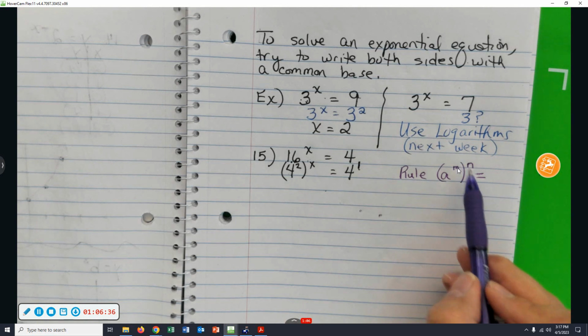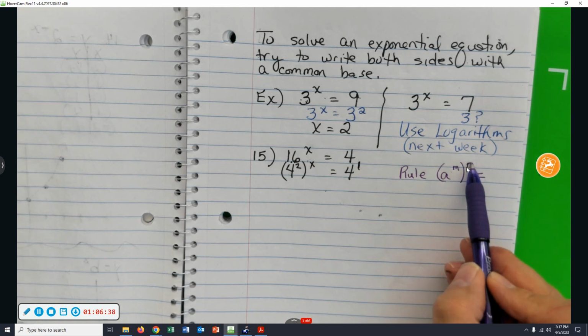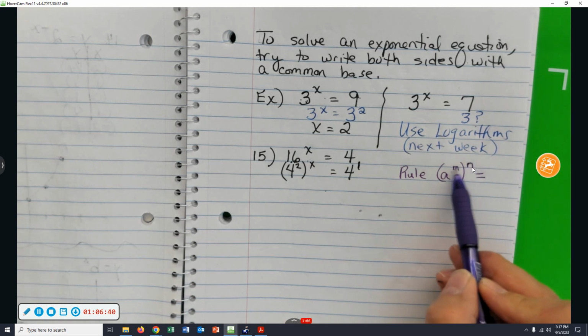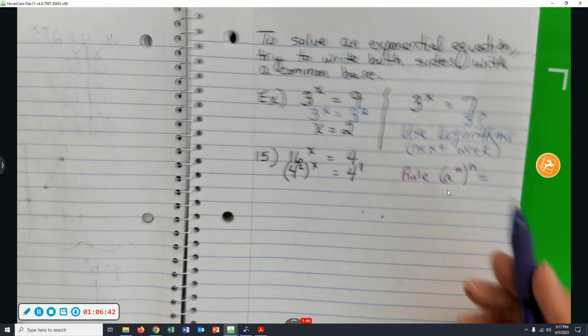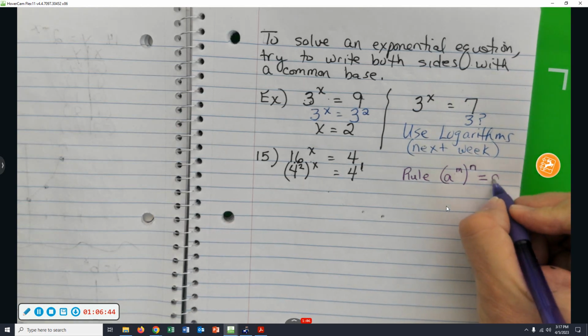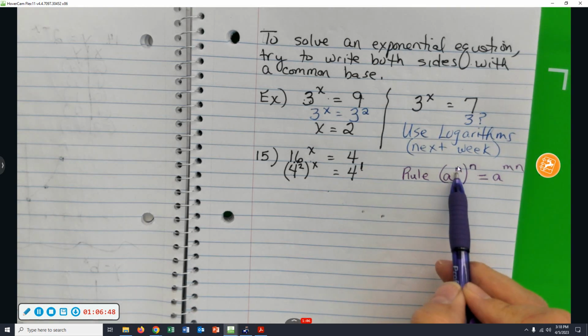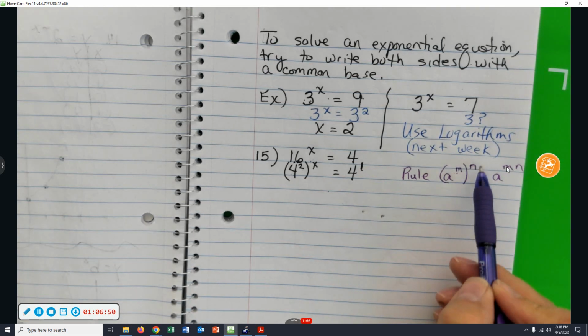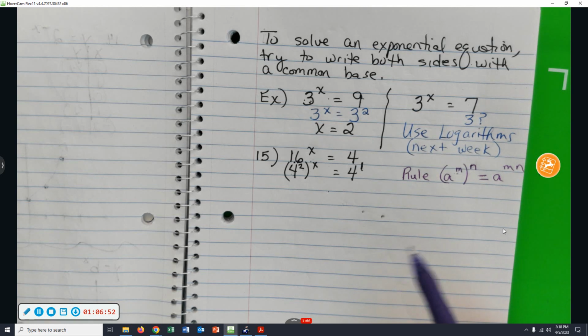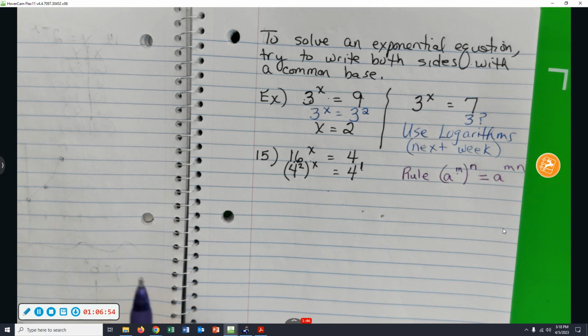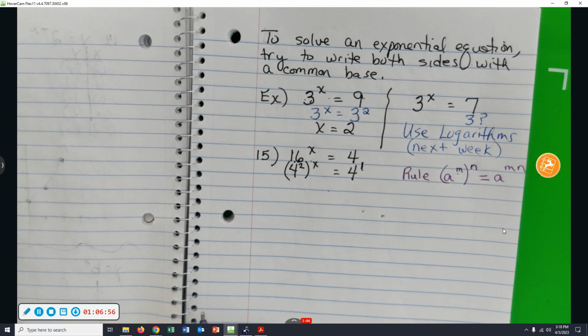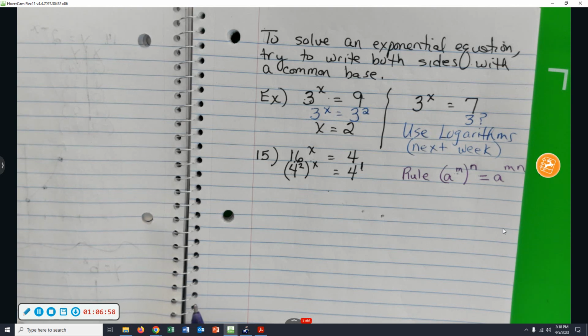If you have a power raised to a power, what can you do to rewrite that as a single power of the base? You multiply. If you have one power raised to another power, you multiply those together. Generally in algebra, whenever you have parentheses, to get rid of them, it's going to involve some sort of multiplying.